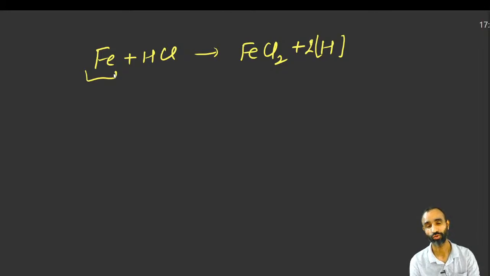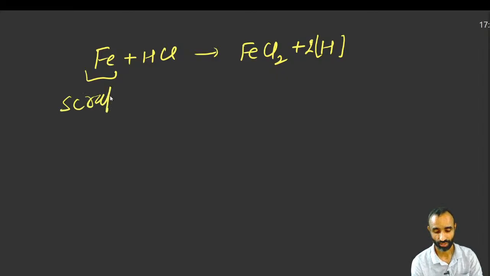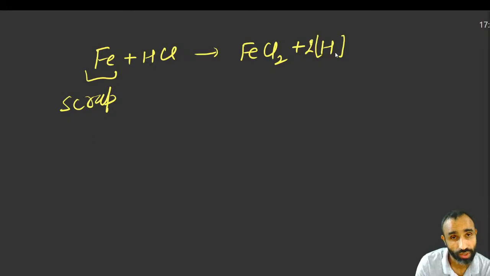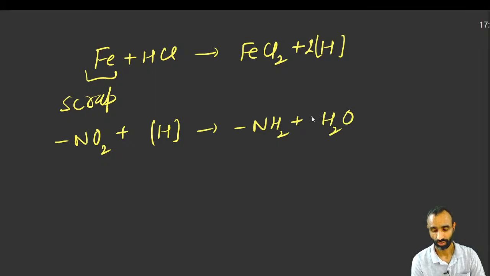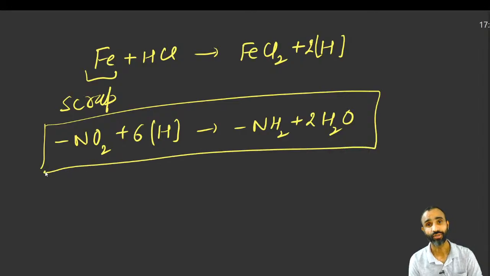which type of iron is used? Scrap iron. You know, scrap iron is very easily and cheaply available in the market. So scrap iron is used to produce hydrogen, and therefore NO2 on treatment with H gives NH2 and H2O.